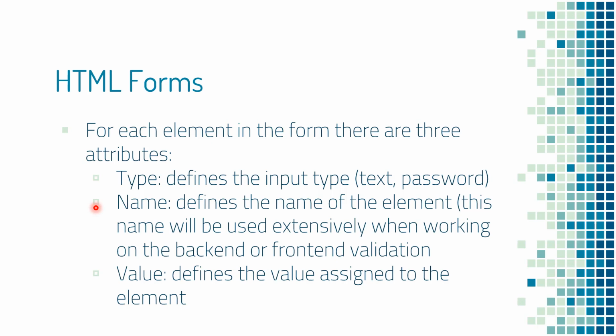If you have a form with a username and password, when you click the login button, this data will be sent to the backend. How will the backend code distinguish which one is the password and which one is the username? In this case, it is going to use the name.